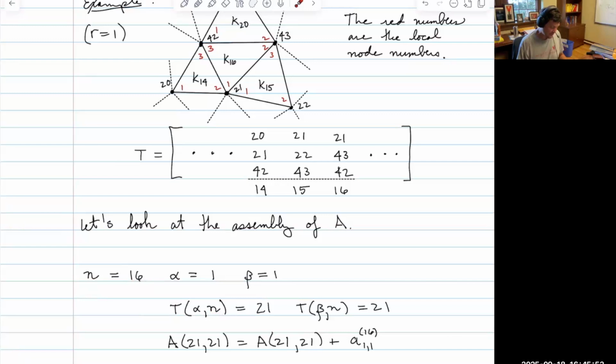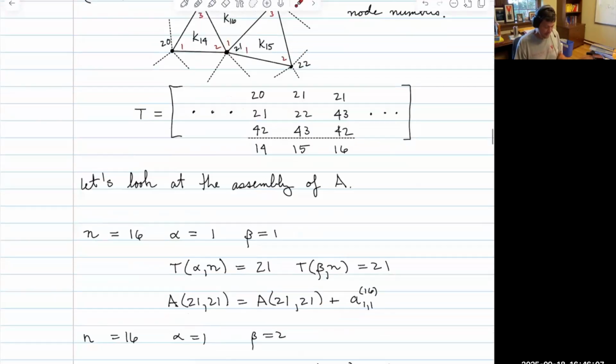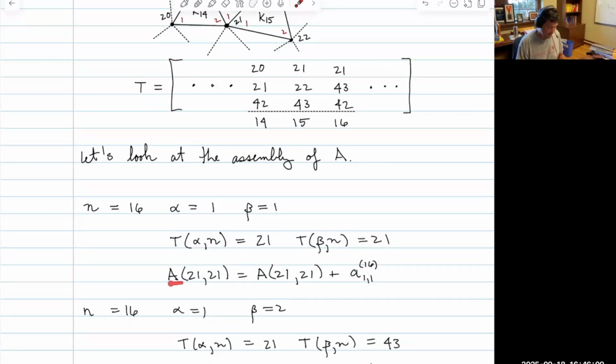So we're looking at entry 1,16. So 1,16, that means that global node is 21. And this global node is also 21 because beta is equal to alpha. So this means we're going to be updating global stiffness matrix entry 21,21. And we're going to take whatever is already there and we're going to add to that the local stiffness matrix entry 1,1,16. So 16 is my triangle number.